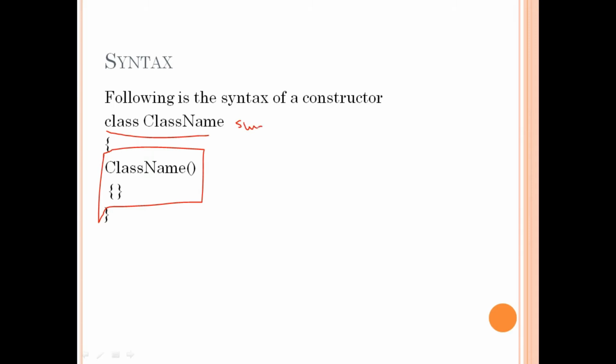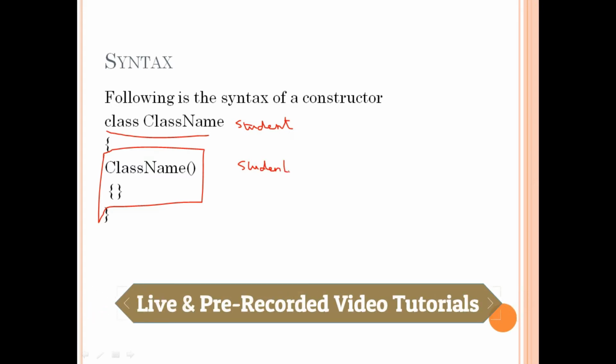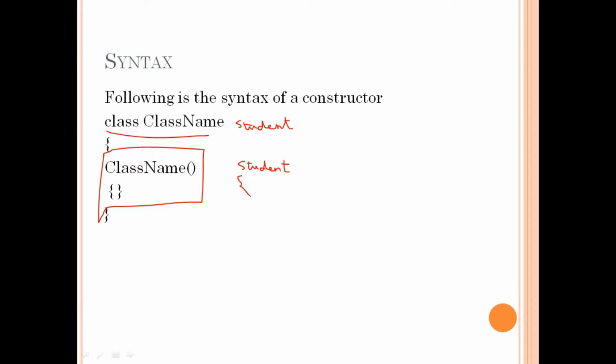Then your constructor name would be the class name, student. So always your constructor should have the name of your class. This is the special feature of your constructor, right? So student, and we have a parenthesis on it.